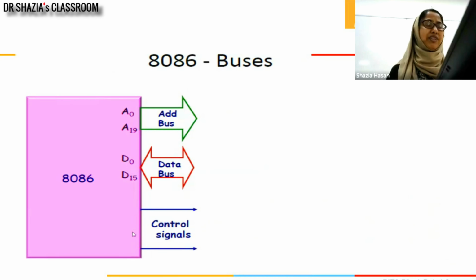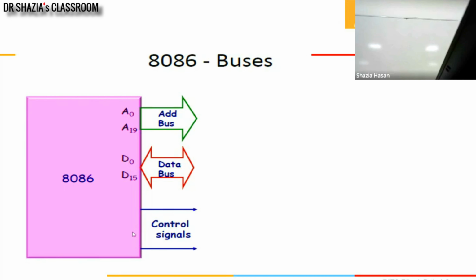Before that, I have taken this one slide just to revise, which I have already done. The 8086 processor, as we said, has 20 address lines. The address lines are named A0 to A19. It has a 16-bit data line, or 16-bit data bus.